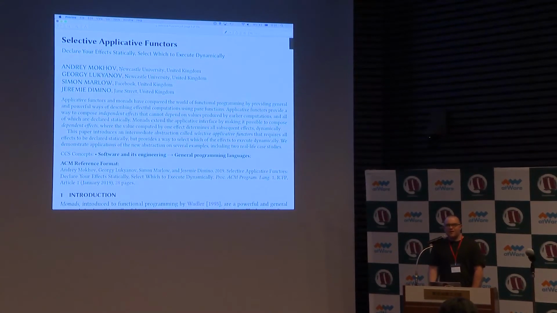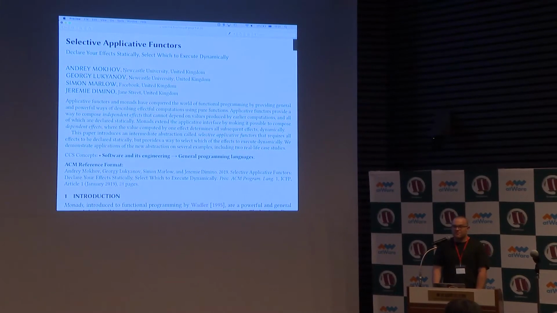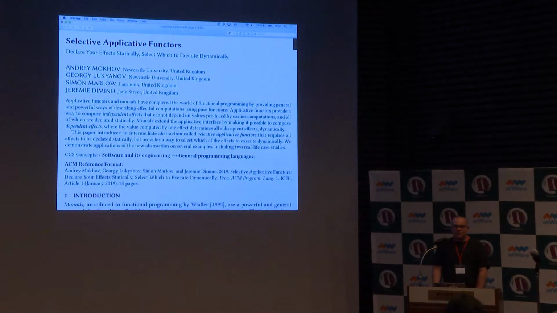This paper is written in Haskell, and there's a library in Haskell that implements selective applicative functors, and they've also implemented them in OCaml, and there's a library of Coq proofs of correctness and the laws and so on and so forth. I haven't prepared slides.